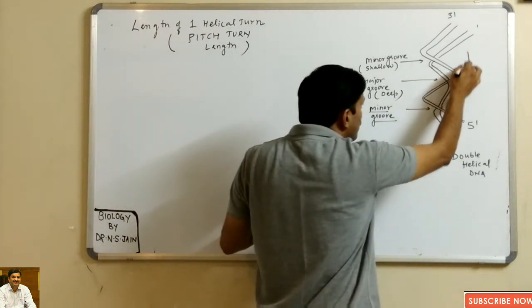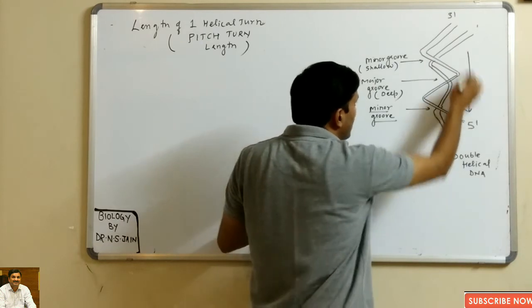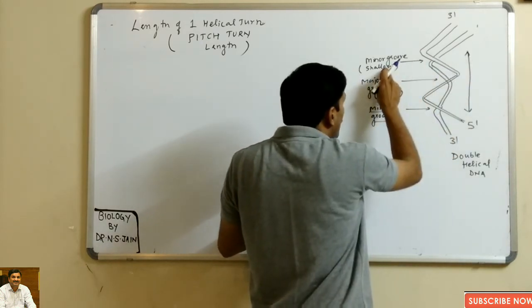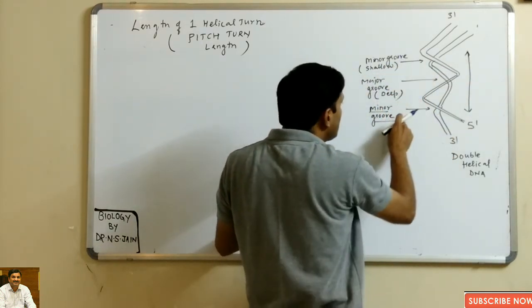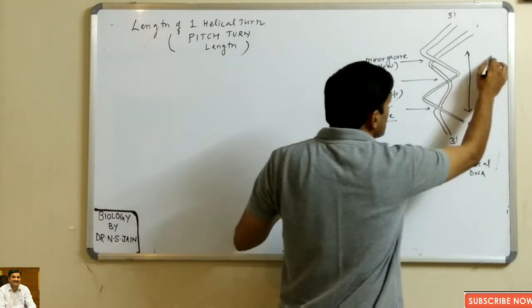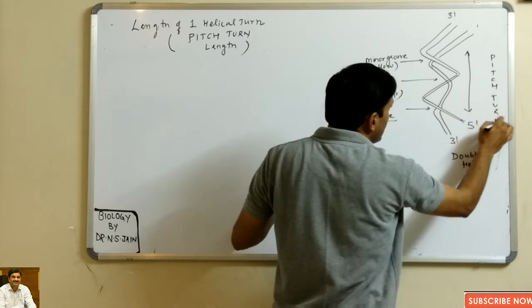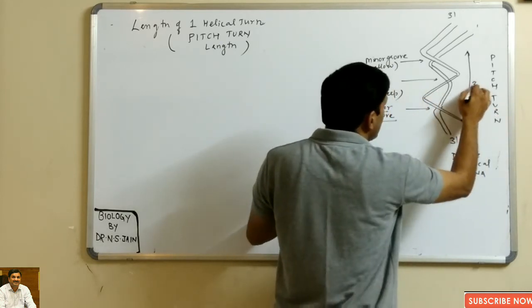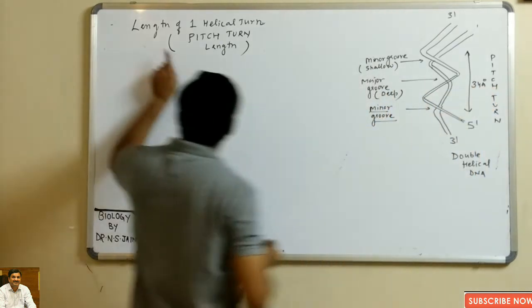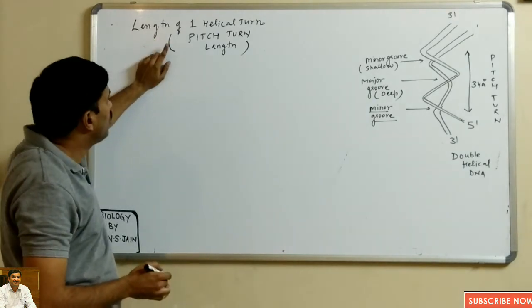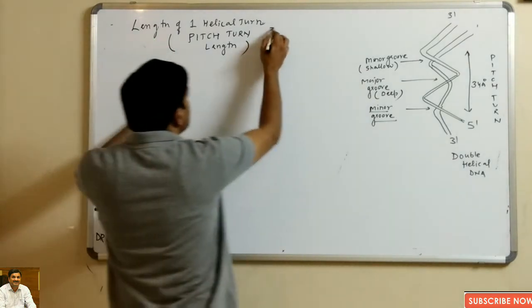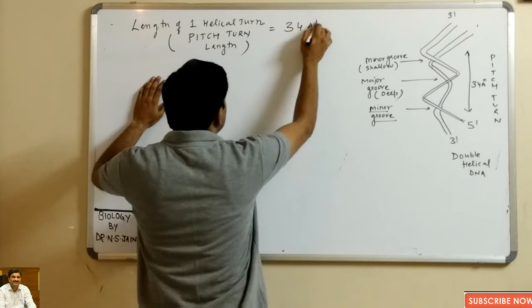The distance from one minor groove to another minor groove forms the pitch turn, and the pitch turn is 34 angstrom. So either you can say length of one helical turn, or you can say pitch turn length is 34 angstrom in the case of B-DNA.